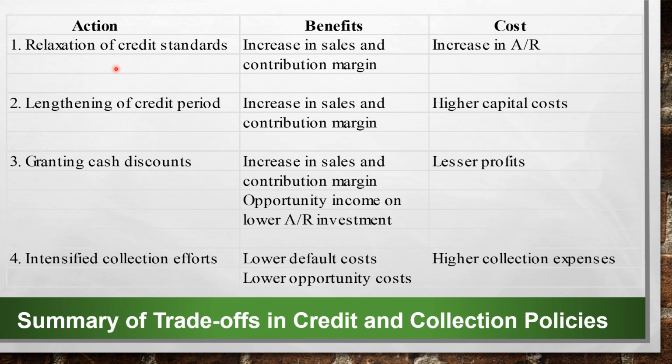But if you relax that, ibig sabihin, bababaan mo yung standard mo. So, gagawin, let's say, 100,000. Of course, many customers will qualify on those standards. So, you expect increase in sales kasi maraming uutang, but the cost is may increase din yung accounts receivable mo.